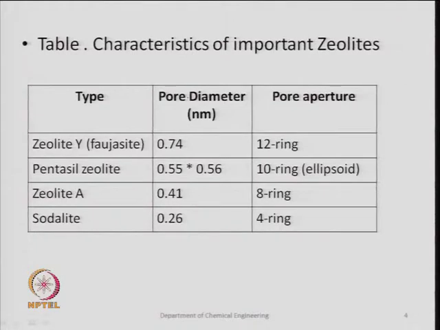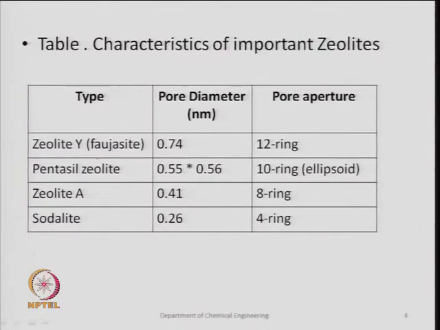Depending on the framework, the primary and secondary building units, or the silicon to alumina ratio in the framework, you have different kinds of zeolites and different types of pore structure and opening. Zeolite Y is a faujasite type, a large pore zeolite with a larger pore size of 0.74 nanometer and 12 rings.